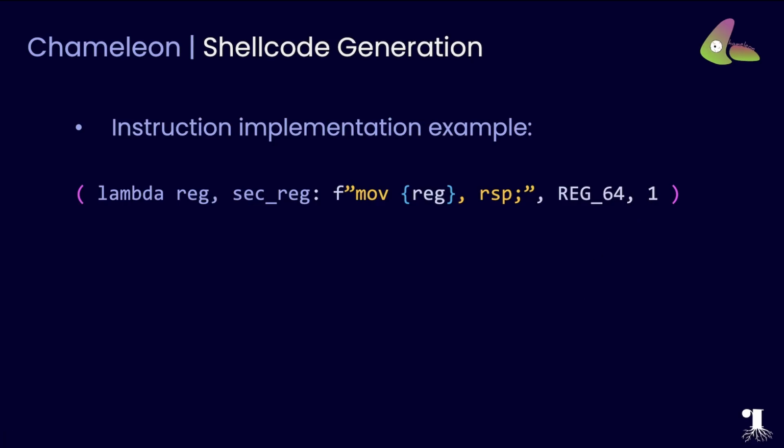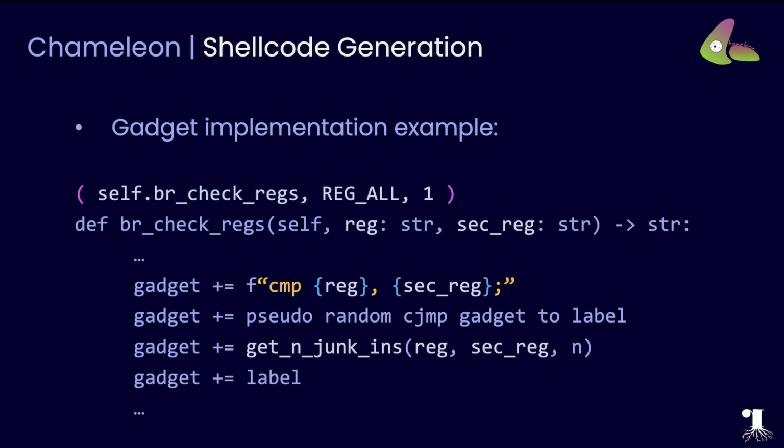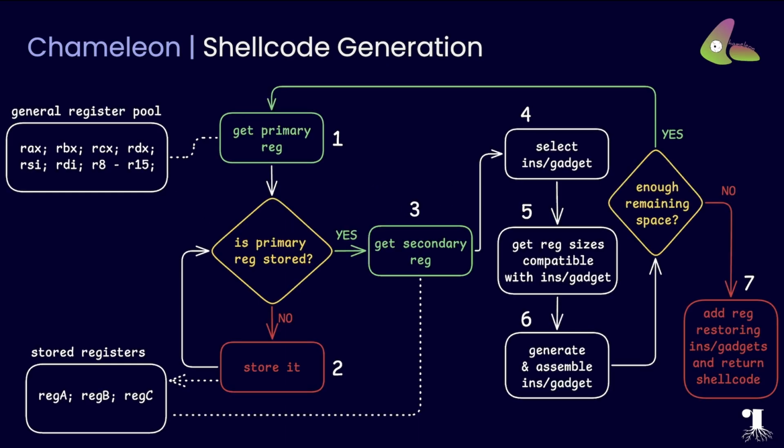There are some instructions or gadgets that are more complex. Here you can see a gadget that compares two registers and jumps according to some result. I won't go into the implementation, but you can see there's a function called get junk instructions. That's the function that gives the code generation feature a lot of interesting capabilities, because it allows repeating in a loop points 4, 5, and 6 from this loop.